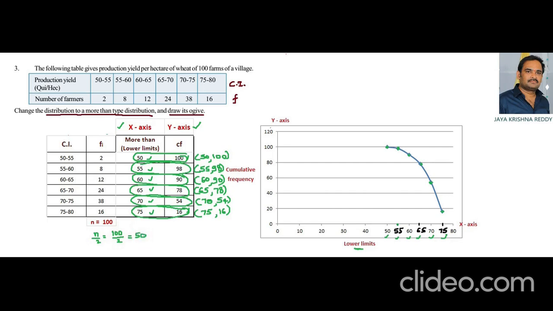So on the y-axis, from the n by 2 value, 50, draw a line which is parallel to the x-axis and which touches the more than type ogive, and from the point where this touches the ogive graph, draw a line to the x-axis, which is parallel to the y-axis.